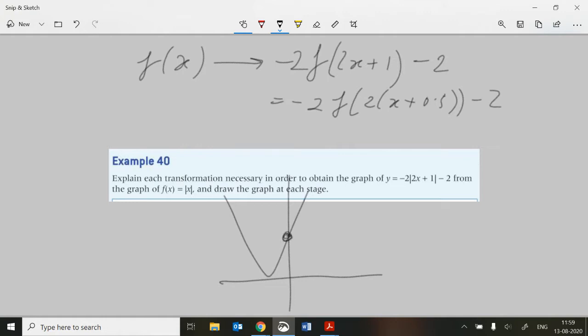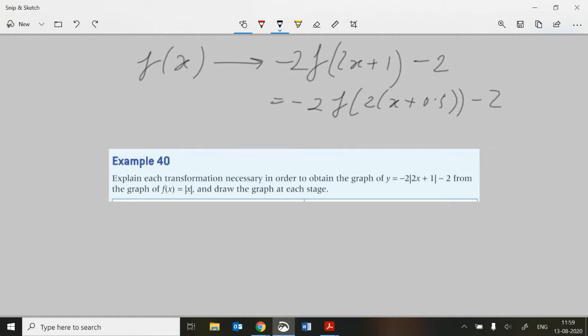I know this point is going to stay where it is, and this point is going to go twice as far away, but it's just easier to deal with if we have a symmetrical graph. It's much easier to deal with the stretch first, so we're going to put it in that form to start off with.